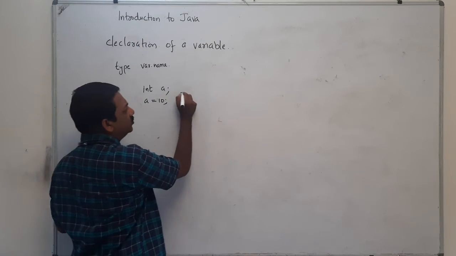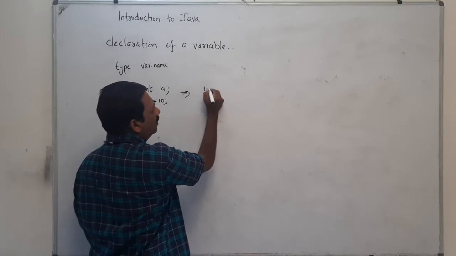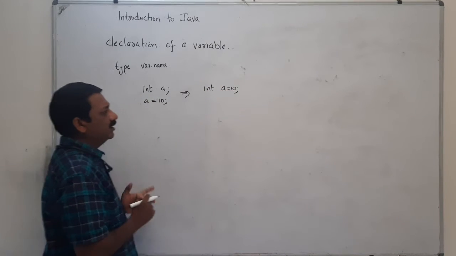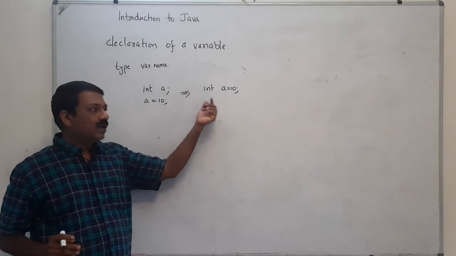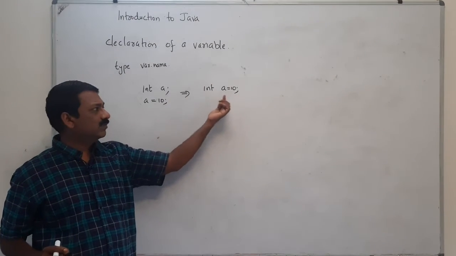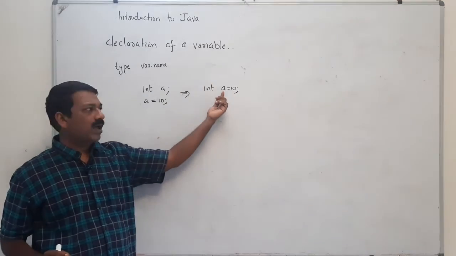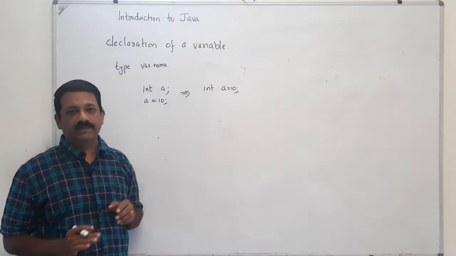So this is equivalent to a statement like int a equal to 10. That means here as a single statement, you are going to declare the variable a and that is initialized to 10.